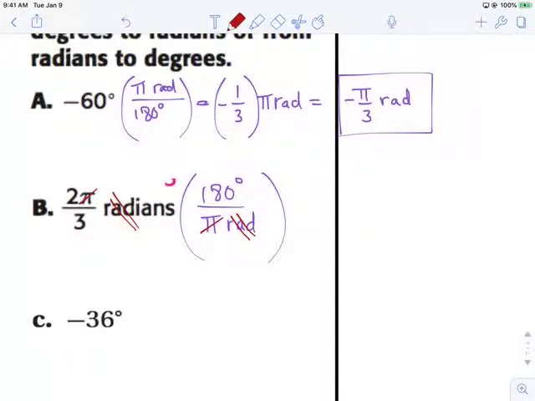And what I'm left with is 180 degrees over 3. Oh, I forgot my 2. This should be 2, so we should still have a 2 times that 180. So that's 2 times 180 is 360, divided by 3 gives me 120. Yep, nice catch.